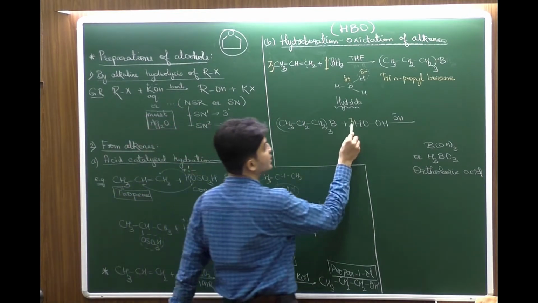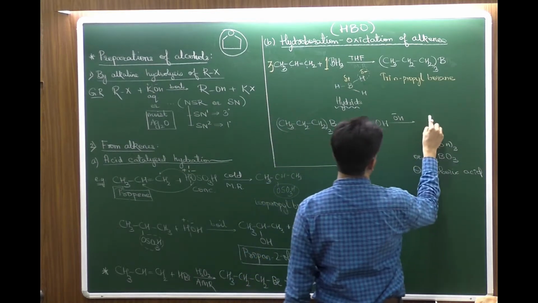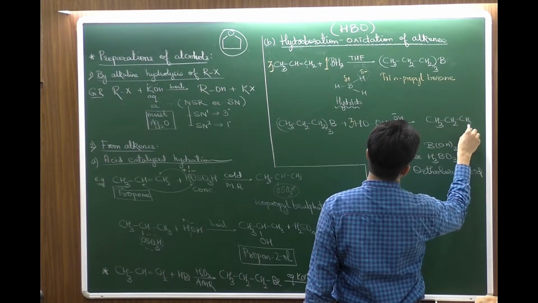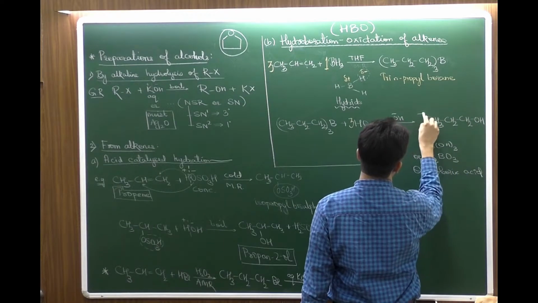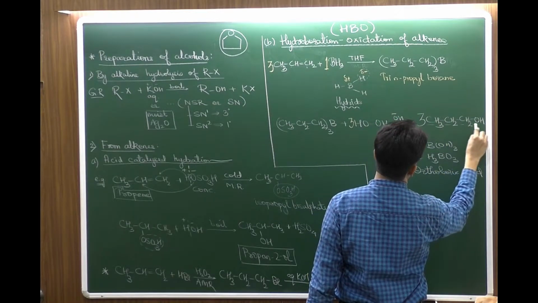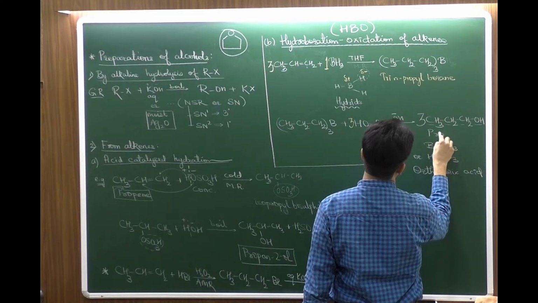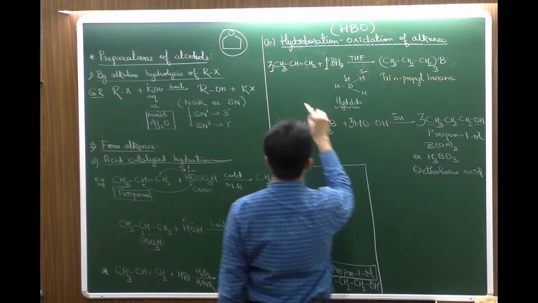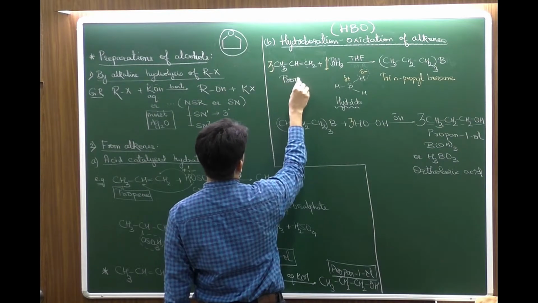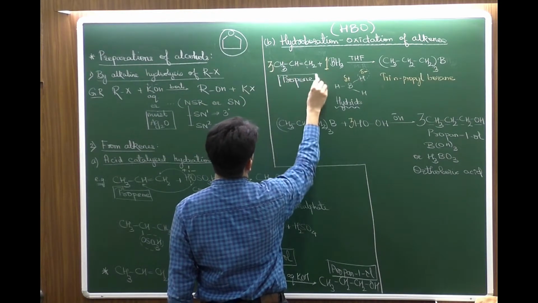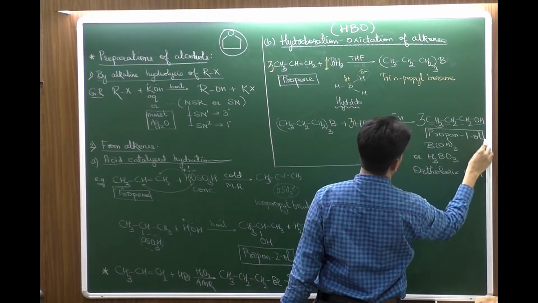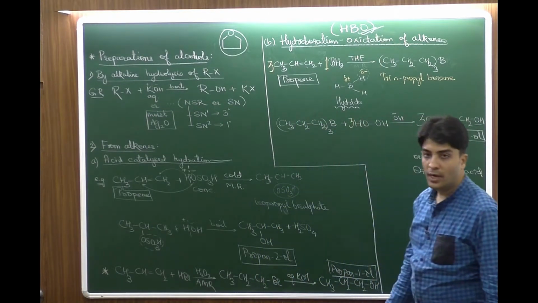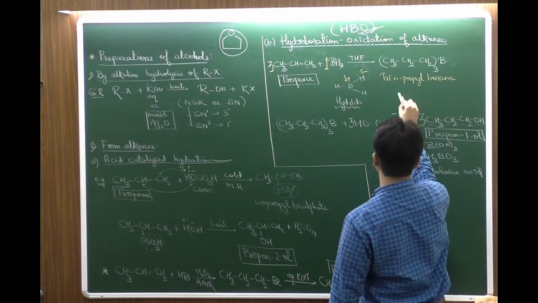So the remaining 3 OH goes with the propyl group and it forms CH3, CH2, CH2, OH, 3 moles, and this is the required primary alcohol, that is propan-1-ol. So what we have done, kids? We have converted propene into propan-1-ol by HBO, hydroboration oxidation.